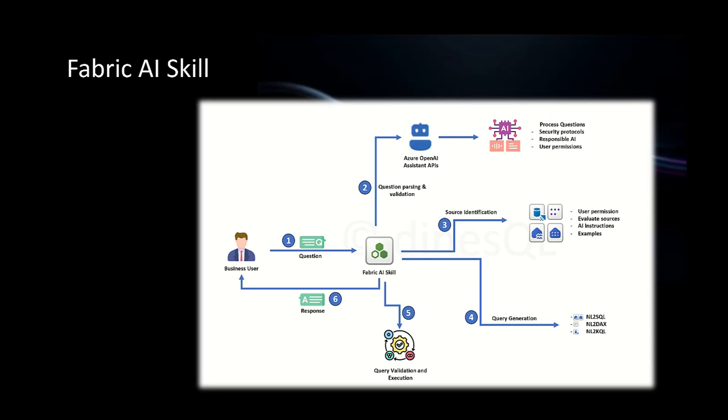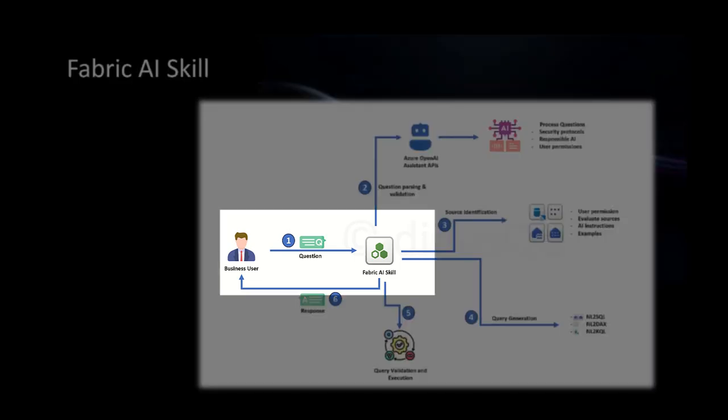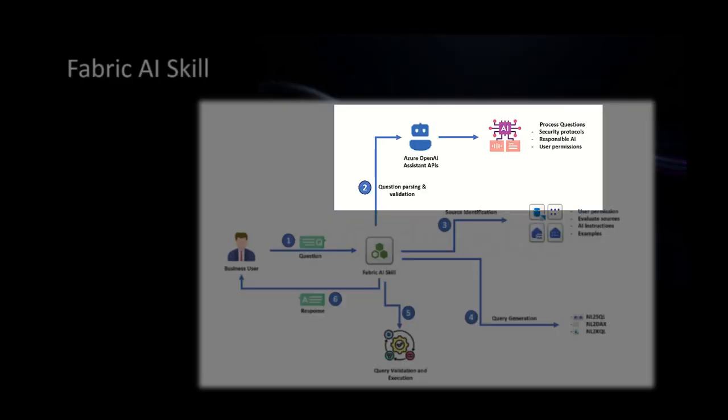So let's try to understand how it works. Let's say you have published a Fabric AI skill, and it has been opened for users. A user simply sends a question to Fabric AI skill. That's going to be the first step. Then Fabric AI skill tries to validate the question.